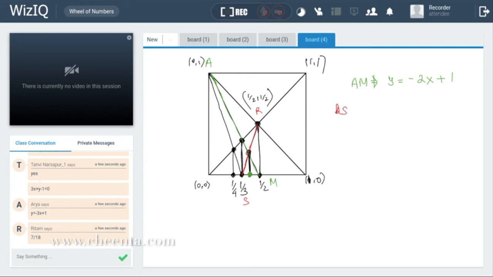We can use y minus half equals m times x minus half, where m is the slope. This point is (1/3, 0), so slope is half minus 0 divided by half minus 1/3.